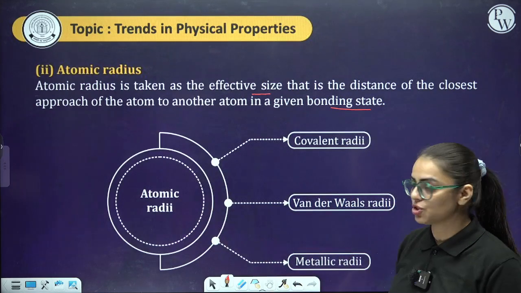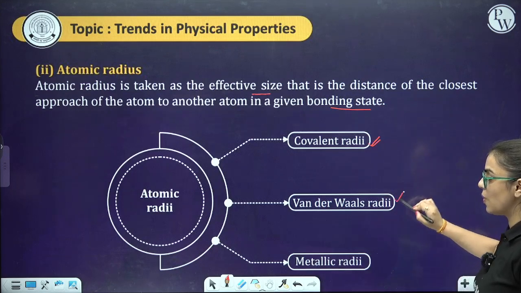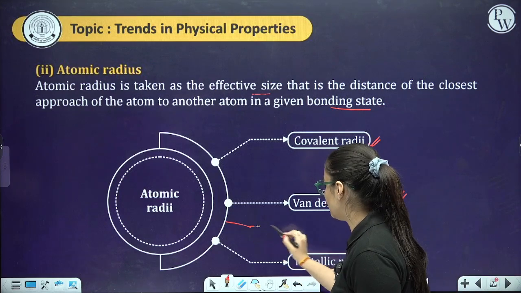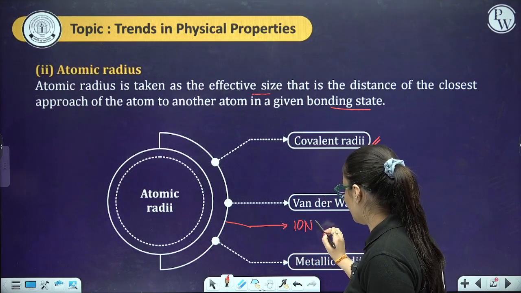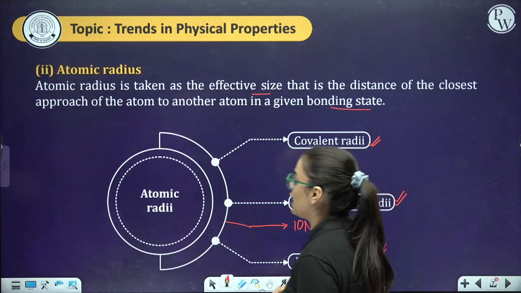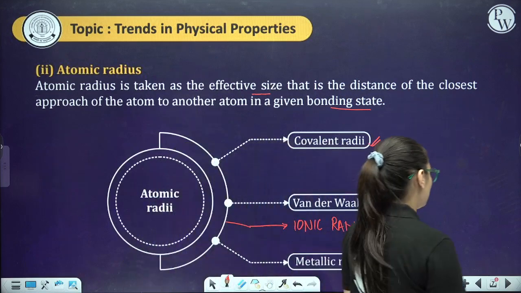The very first one is covalent radii, the second is van der Waals radii, the third is metallic radii, and the fourth is ionic radii. So these are the four types of radii that you have to study, which we are going to study one by one.